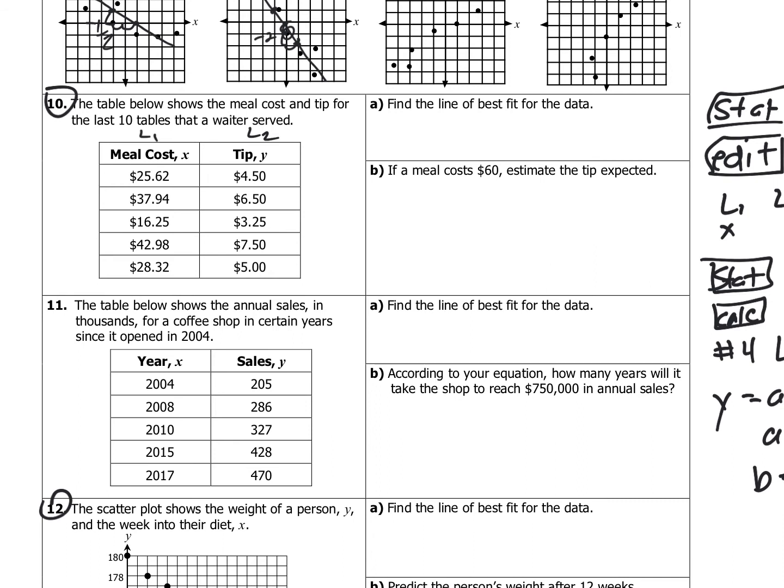Okay, so when I calculated my linear regression, I got y equals, and I'm going to round to the nearest penny because we're talking about money. So I got y equals 0.16x plus 0.55. It says, if a meal costs $60, estimate the tip expected.